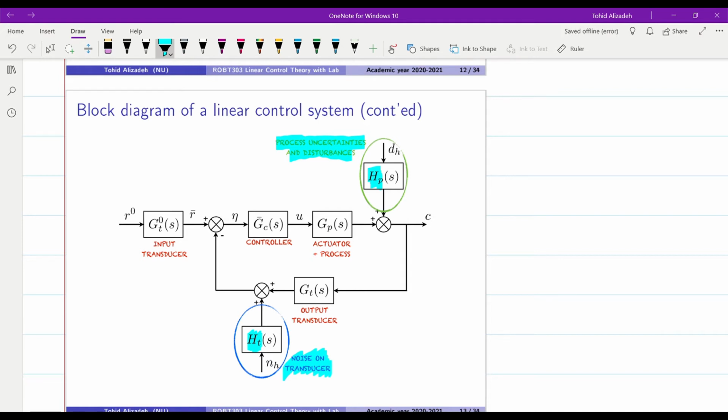We are measuring the output with a sensor, with a transducer. So we will have the actual signal measured, but there will be some additional noise on top of that. And to represent the behavior of the noise, we will refer to HT of S as the underlying transfer function.